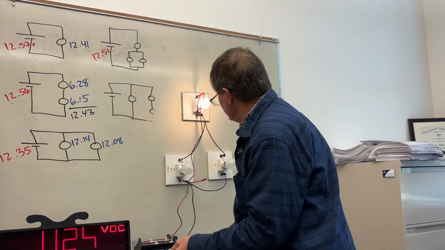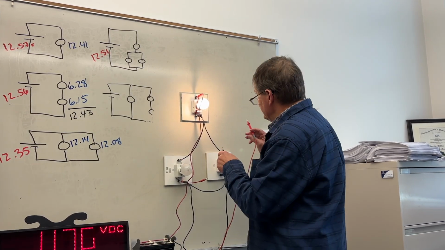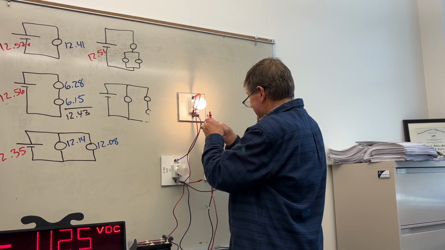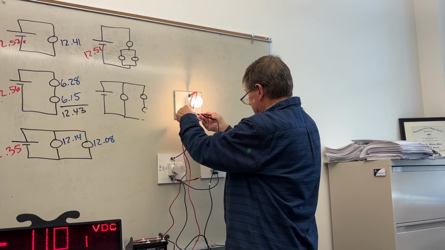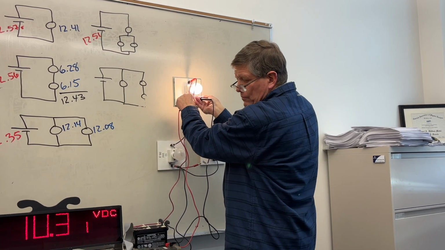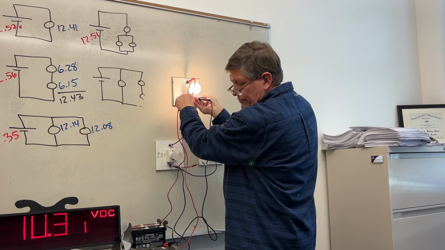Okay, now let's measure the voltage across this top bulb. What I see is 10.31.